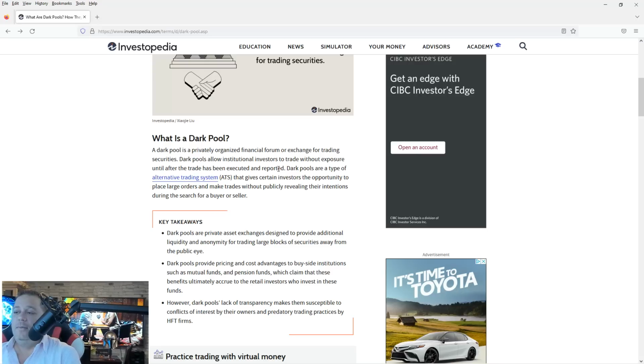More and more volume is going towards the dark pools, which is why I really pay attention to dark pools. Back in the day, we used to always want to find out what was the inside scoop. What are the boys doing? It was those dark pools where you really could see the footprints of what institutions were doing.